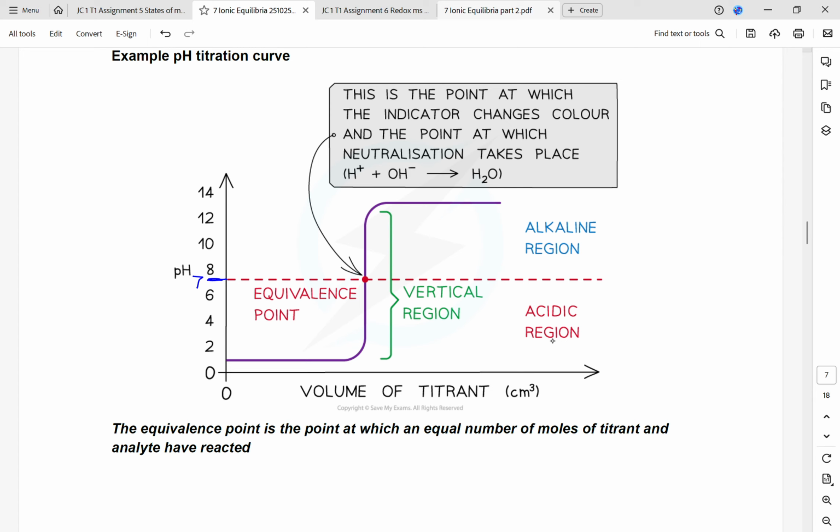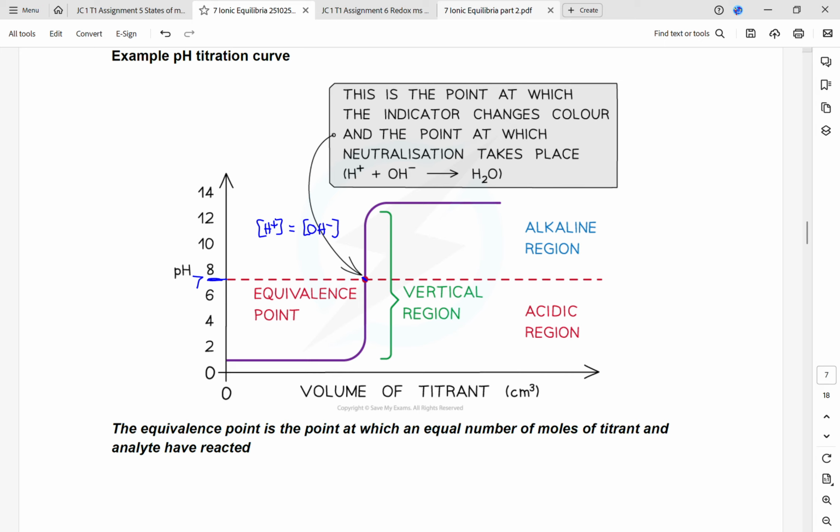Equivalence point is where the concentration of the H plus from the acid is equal to the concentration of OH minus added in the titrant. This is where neutralization happens. This is where the equivalence point of strong acid, strong base lies.